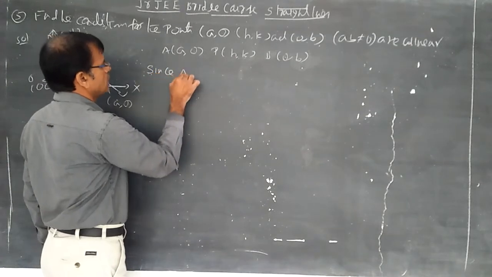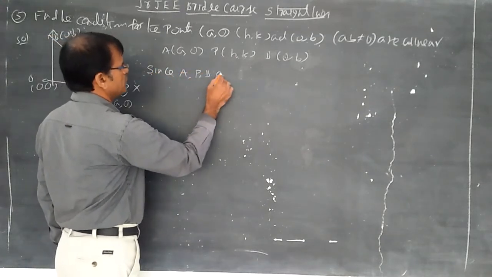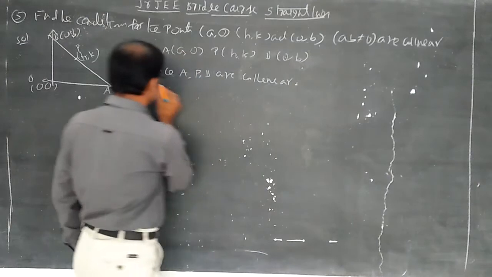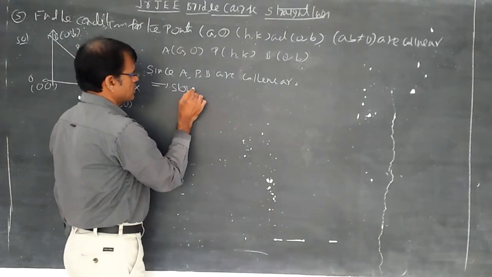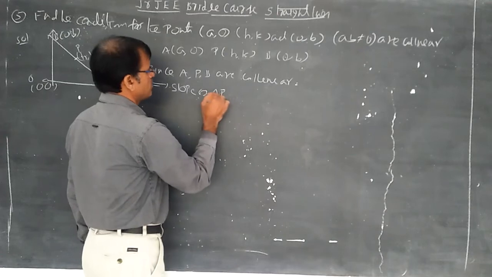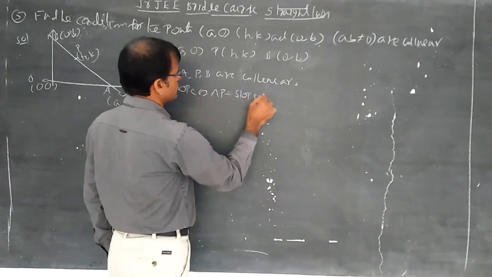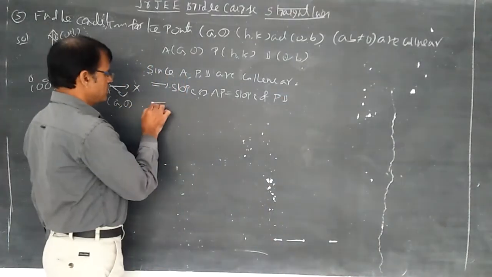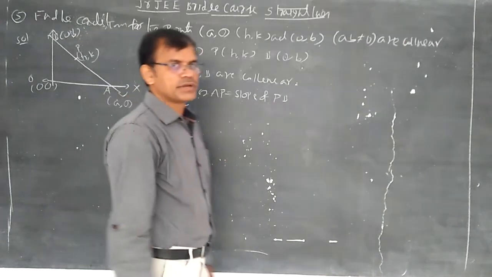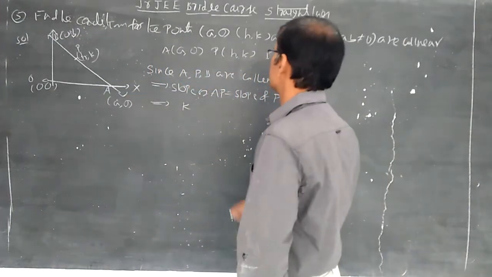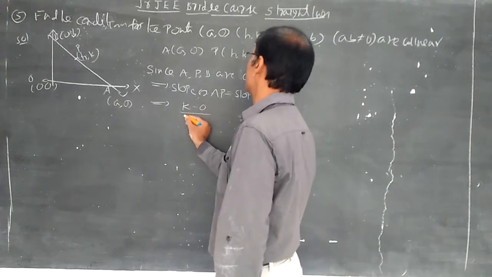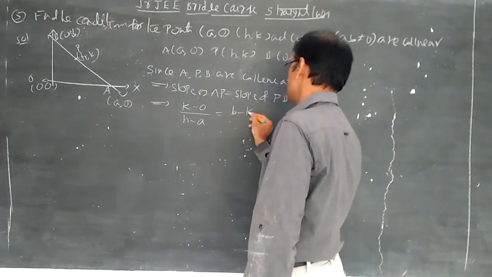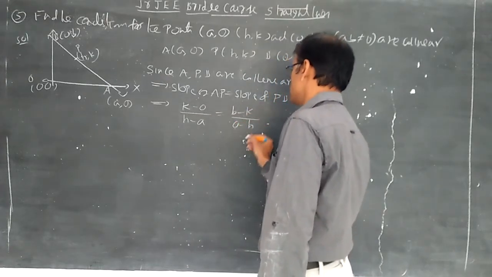Since A, P, B are collinear, the slope of AP is equal to the slope of PB. Using the formula y2 minus y1 by x2 minus x1, you can write (k minus 0) by (h minus a) is equal to (b minus k) by (0 minus h).